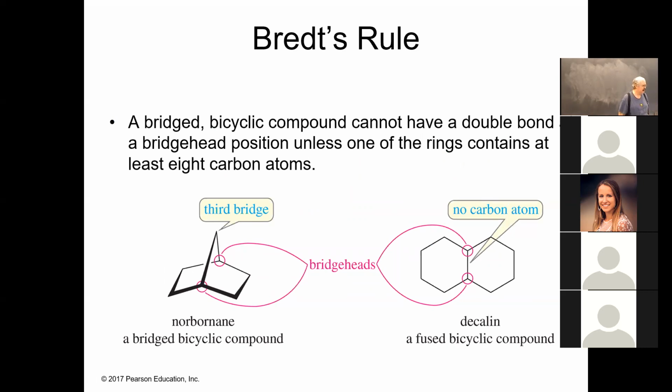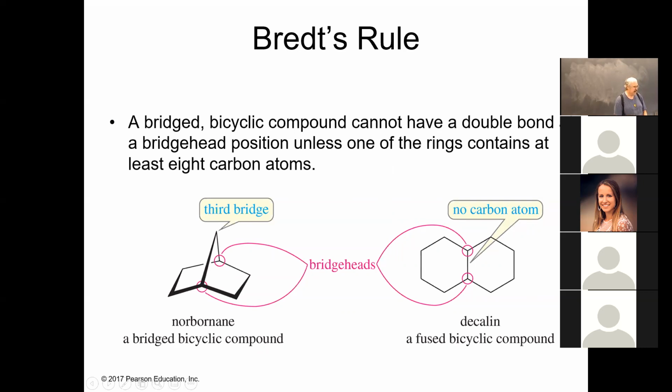Okay, back a few chapters ago, we talked about bicyclic compounds. And here we have an example of a fused bicyclic compound on the right. And on the left, we have an example of a bridged bicyclic compound. The difference is that for a bridged bicyclic compound, you have at least one carbon in all 3 of the rings.